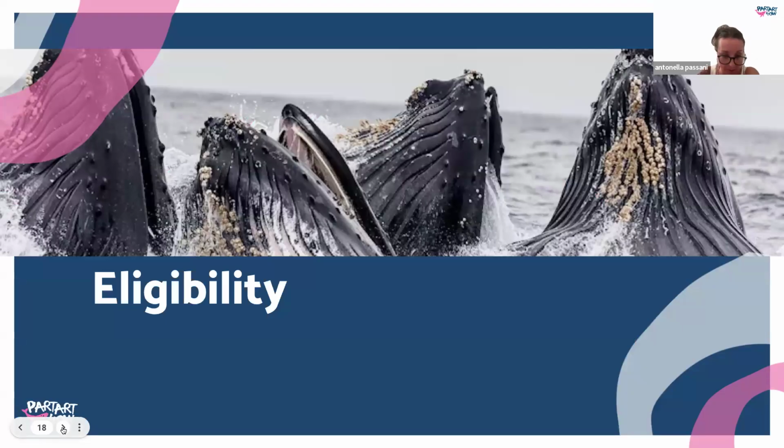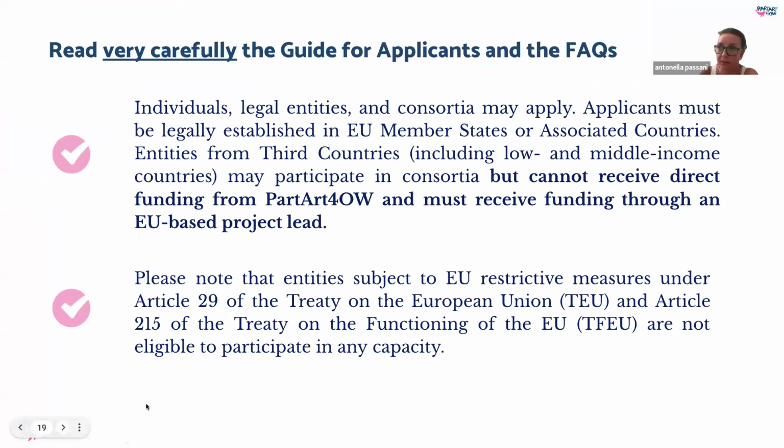So we spoke a little bit about eligibility. For this call, one of the main criteria is the area in which the port, the harbor that you will select, is located in order to perform your ideally final event or major event, but there are others. Again, you have the full list in the Guide of Applicants and the FAQs, but we welcome proposals from individuals, legal entities, and consortia.